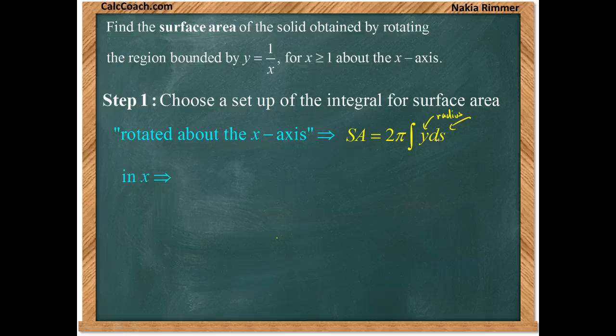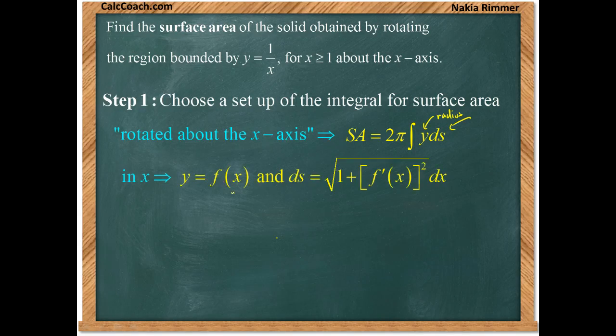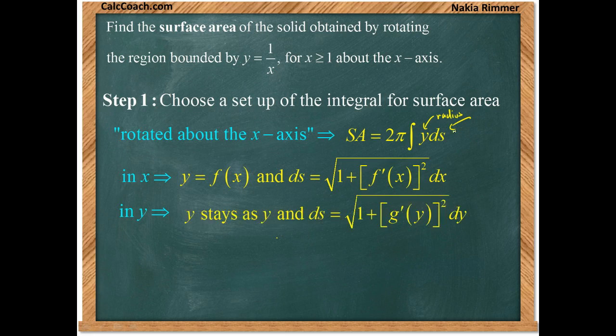If we want to do this in x, then this y can't exist. We have to replace it with f of x, and then the ds has to be in x format. If we're going to do it in y, though, there's no reason to change the y. We leave it as a y, and then the ds needs to be in y format.